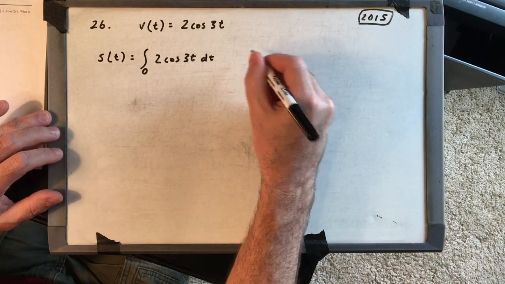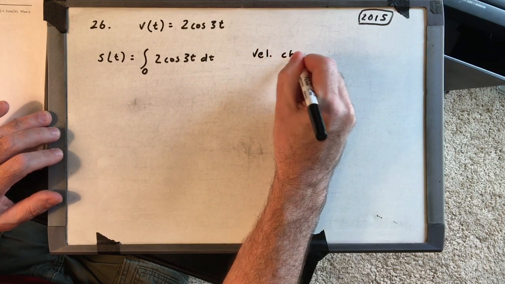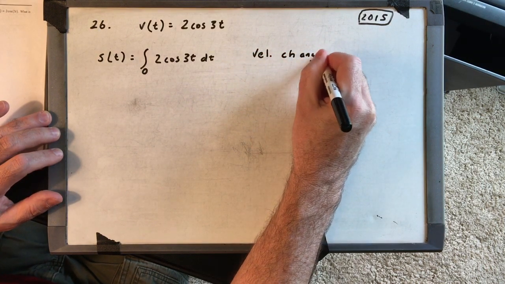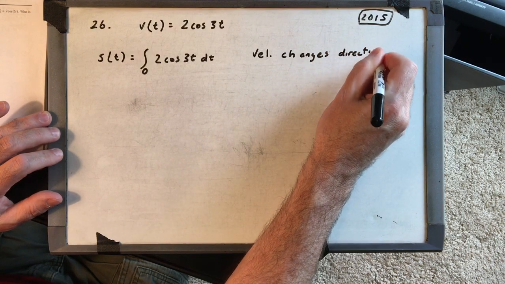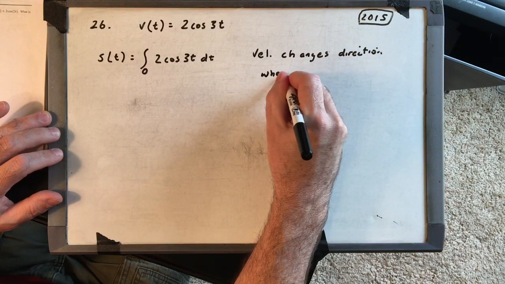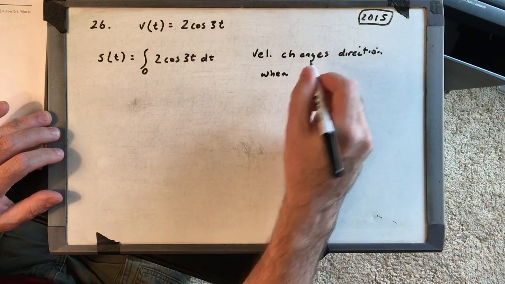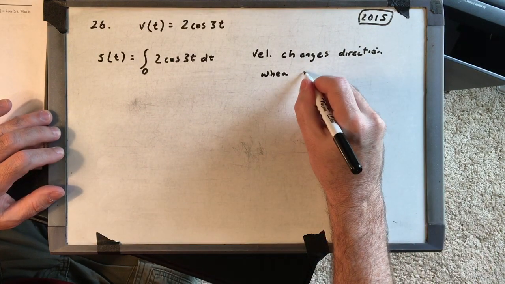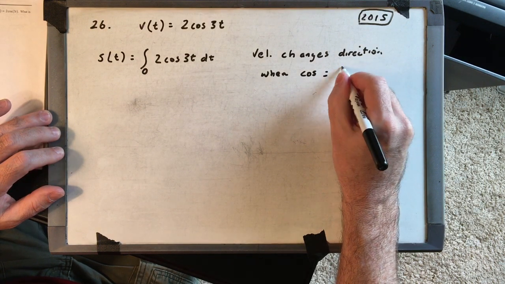Okay, so velocity changes direction when this goes from positive to negative. So when cosine of 3t is equal to pi over 2.